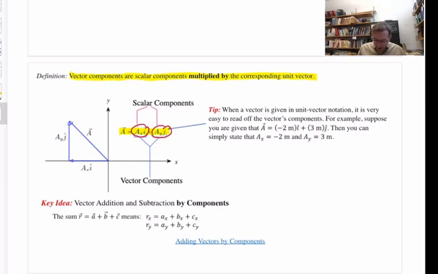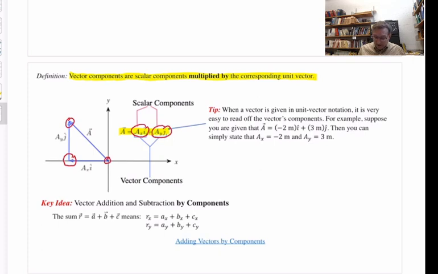All right, so notice something else now. Ax i hat and Ay j hat, the two vector components, are drawn, look at what I've just circled, head to tail, one after the other. And then A is drawn from the tail of the first to the head of the second. That's the rule for vector addition.